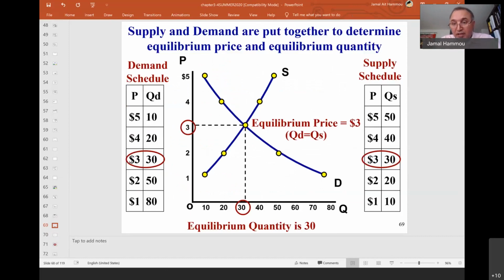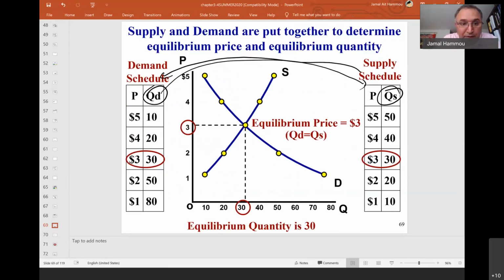There are three ways, actually, that you can find the equilibrium. The first, easy one: you just look at the schedules together. You put the demand and supply schedules together, and then you compare the quantity demanded with the quantity supplied. You will figure out where they are equal. So at the price of 5, quantity demanded is 10 and quantity supplied is 50. Are they equal? No, they are not.